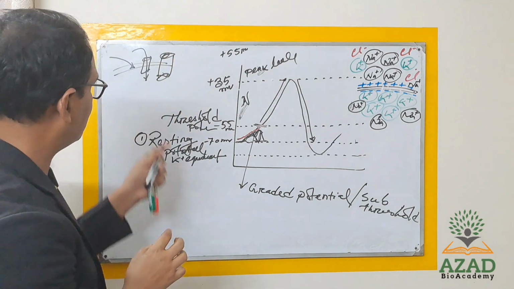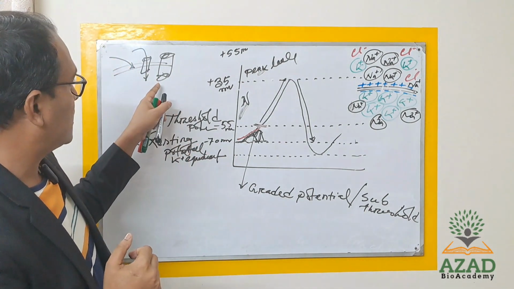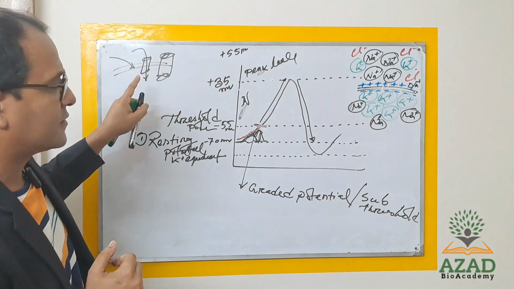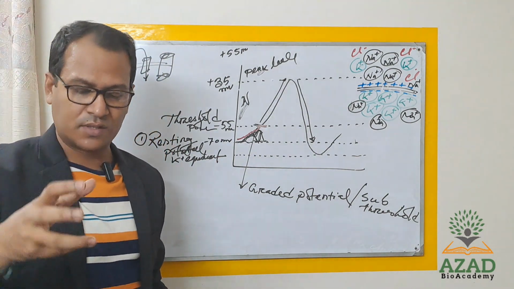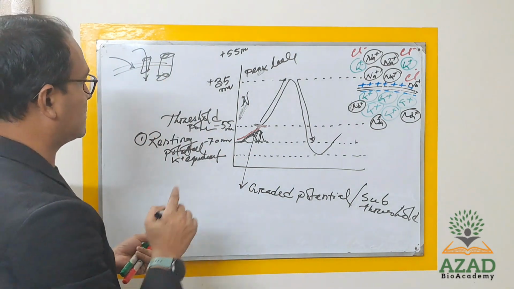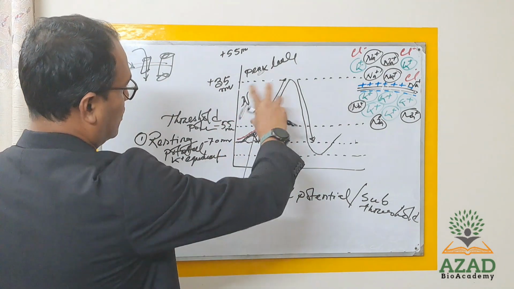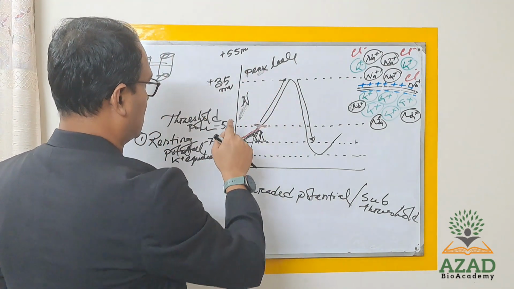The voltage gated sodium channel has an activation gate and an inactivation gate, but I will not go into the details of the voltage gated sodium channel. I will just focus on its role in the action potential.